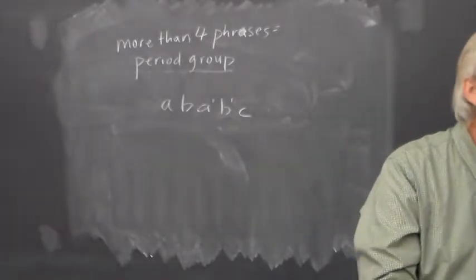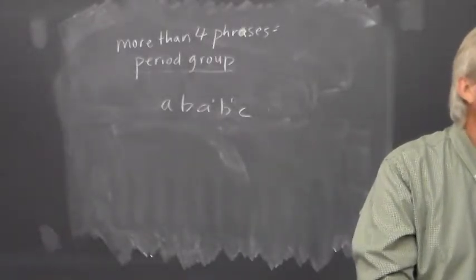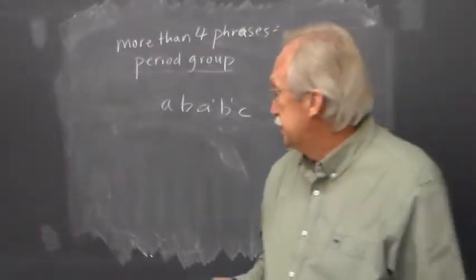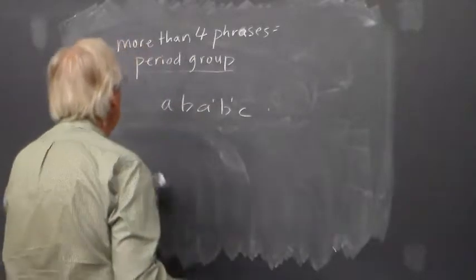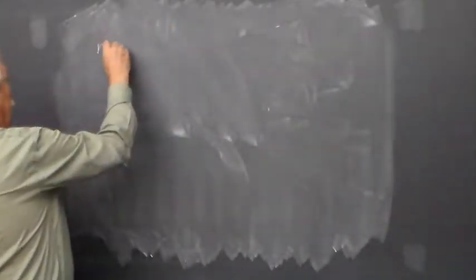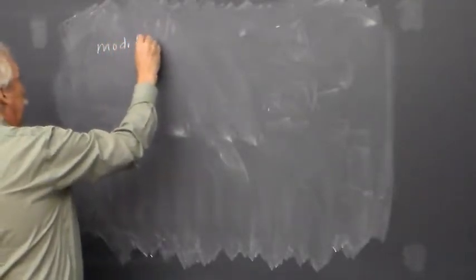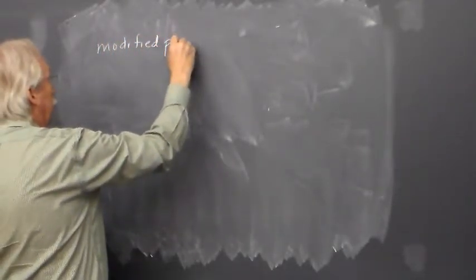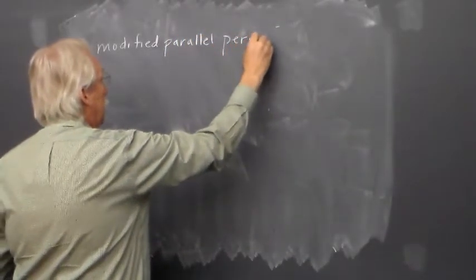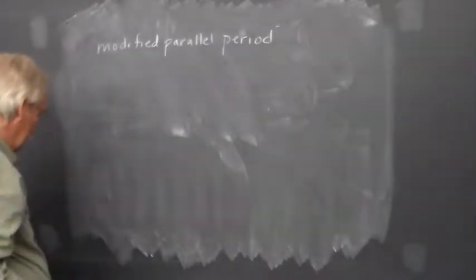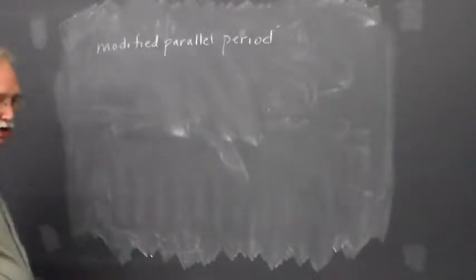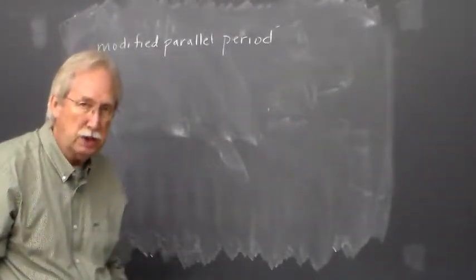And so if you will turn to page 43, this is a situation in which it looks like you have a contrasting period, okay?